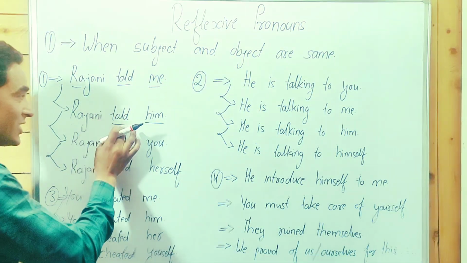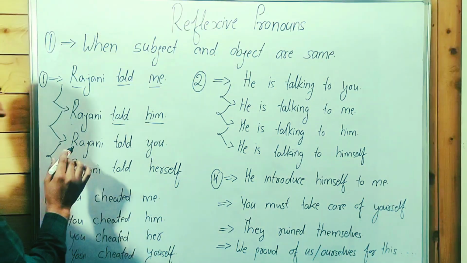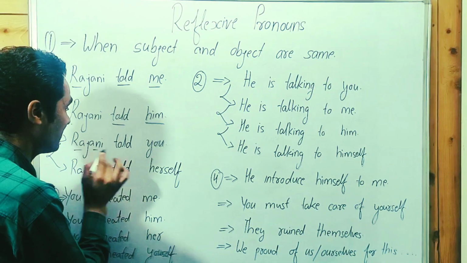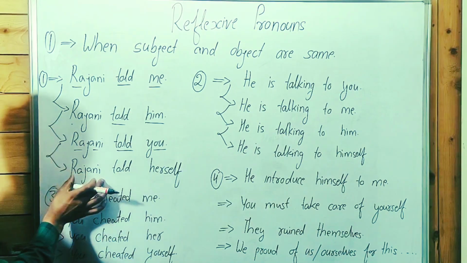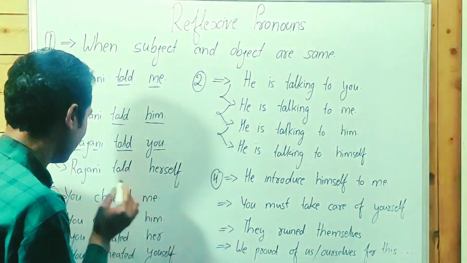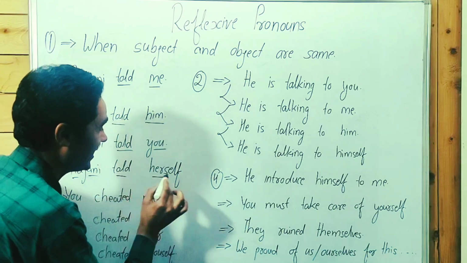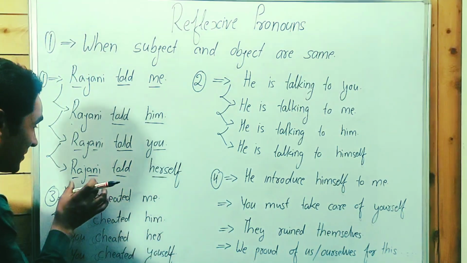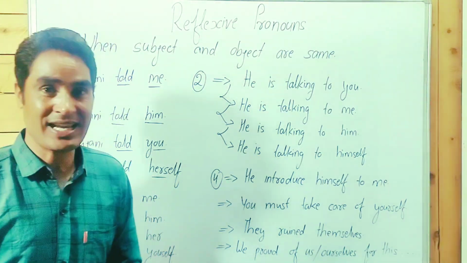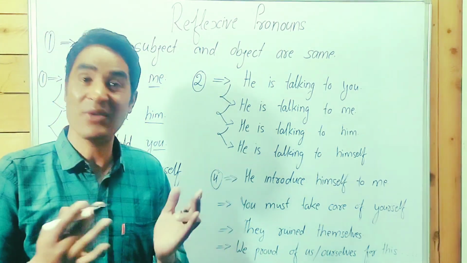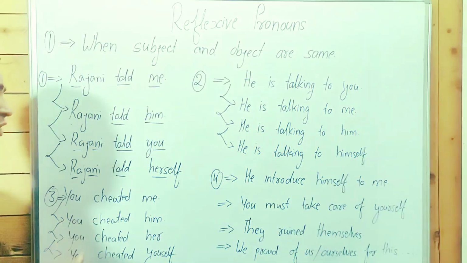Rajni told you, different subject and different object. So, Rajni told herself. Here, guys, point to be noted: Rajni is the subject, the verb is told, and herself is the object. In this case we use a reflexive pronoun. Rajni told herself.